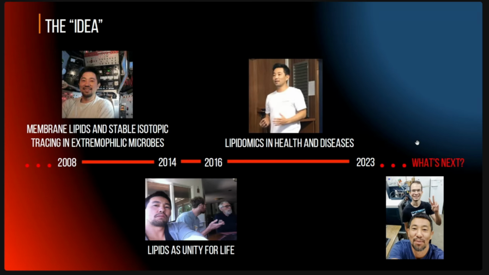So Sayuri explained really well my background. So I don't come from the field of biochemistry or metabolism. I did my first postdoc in Germany, studying the membrane lipids and stable isotopic tracing experiments in extremophilic microbes.